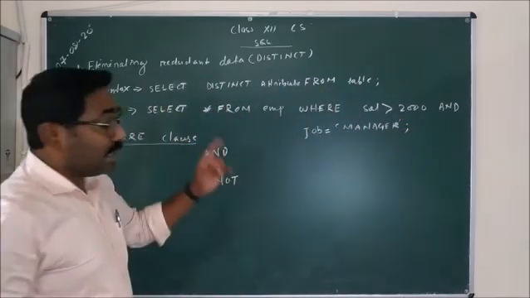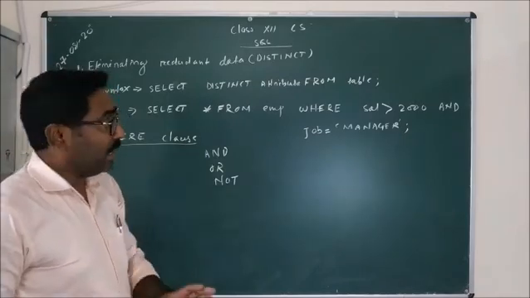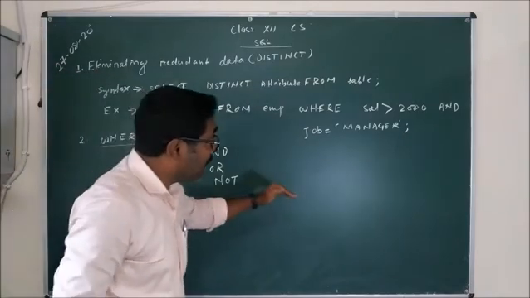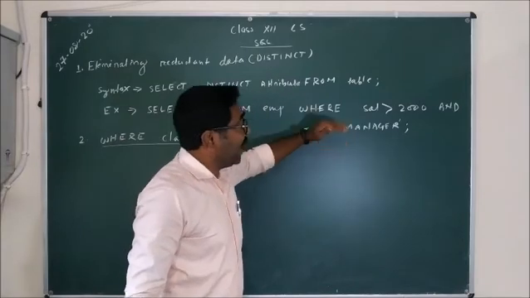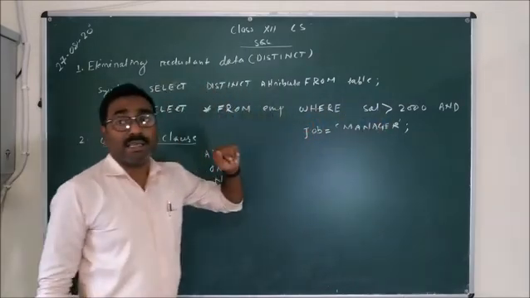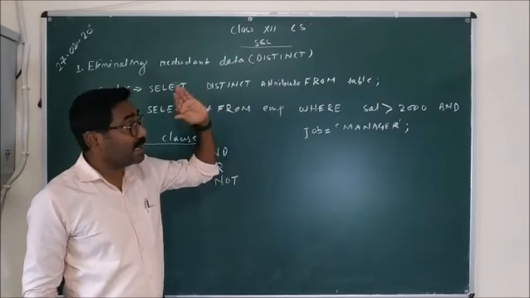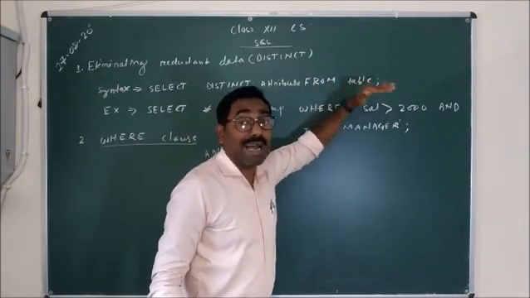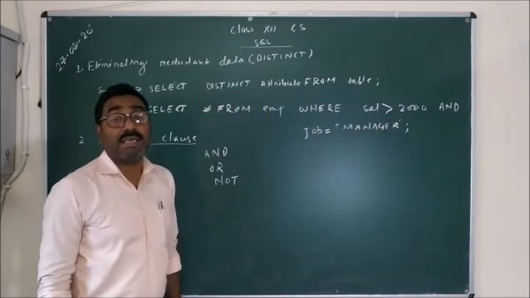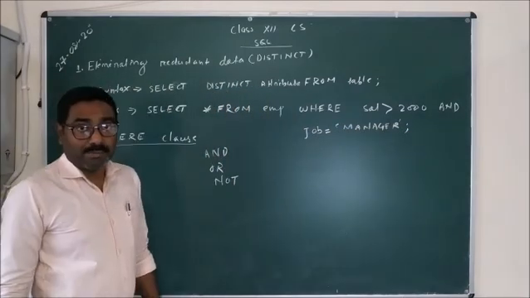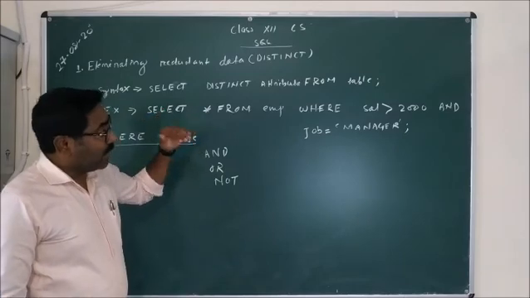Now, this query will display those records who are managers and having salary greater than 2000. That means all the managers whose salary is greater than 2000, that many rows will be selected in this query. Clear?